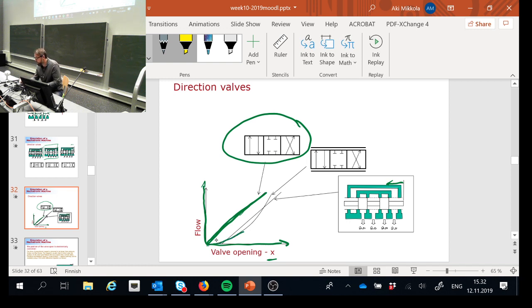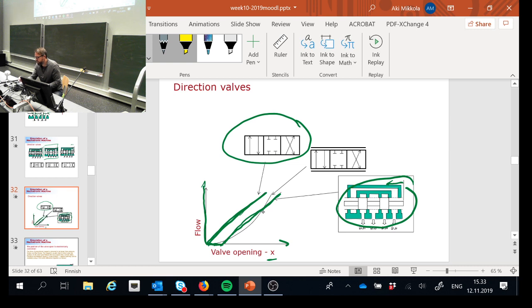When the lands are bigger than the drillings, I have to open the valve quite a bit, and still there is no flow whatsoever. Once I reach the point where the lands are losing the connection to the drillings, then the flow takes place, and it's assumed that there is a linear connection between the valve opening and the flow rate. Here it is assumed that the pressure difference remains the same all the time. So that's my assumption here.